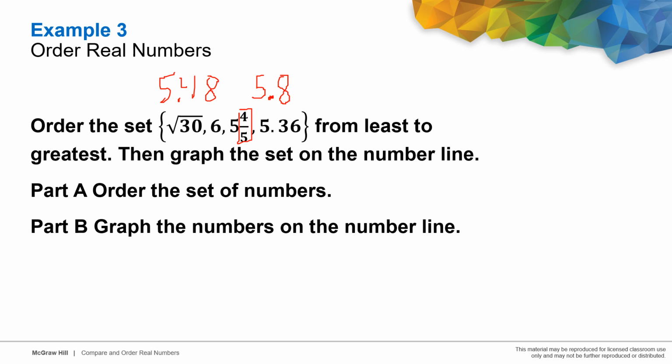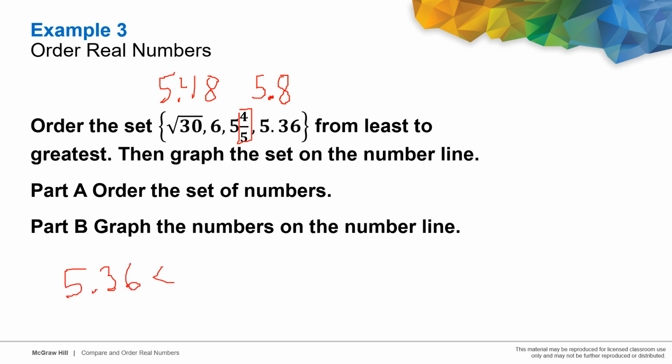So now we can order, all right? This says from least to greatest. So least is smallest, greatest is largest. So we are going from smallest to biggest. The smallest number we have here, if you look at our set they gave us, is 5.36.